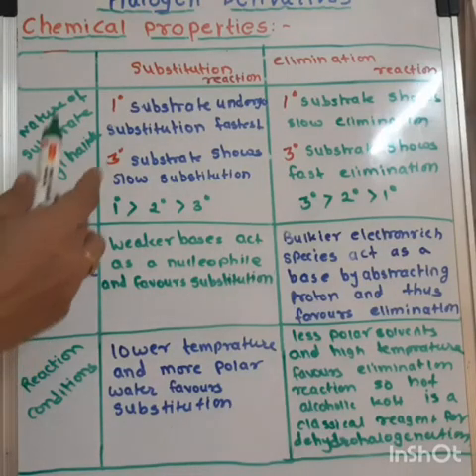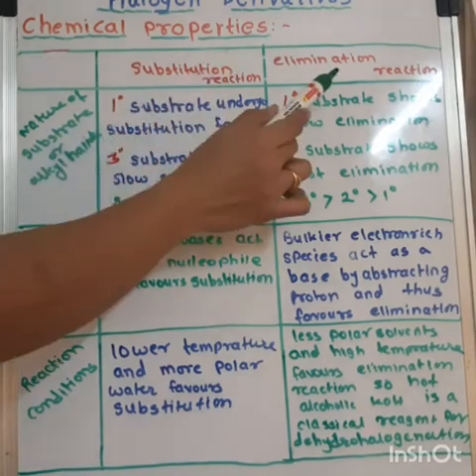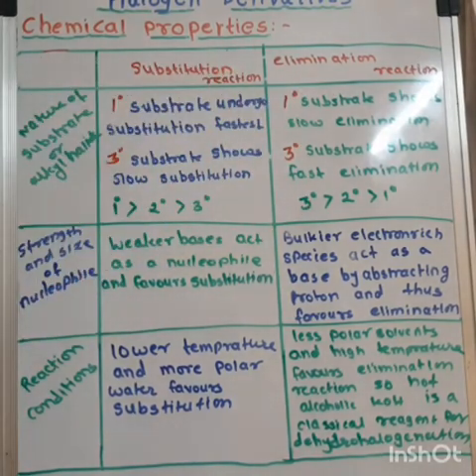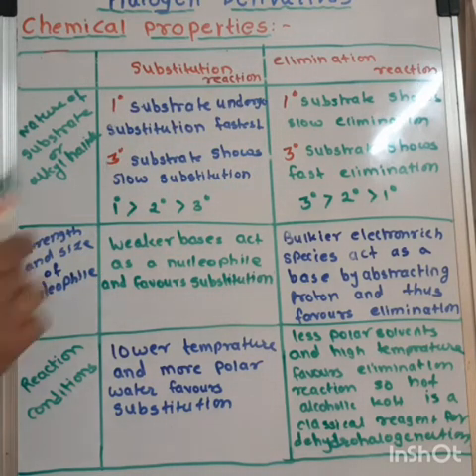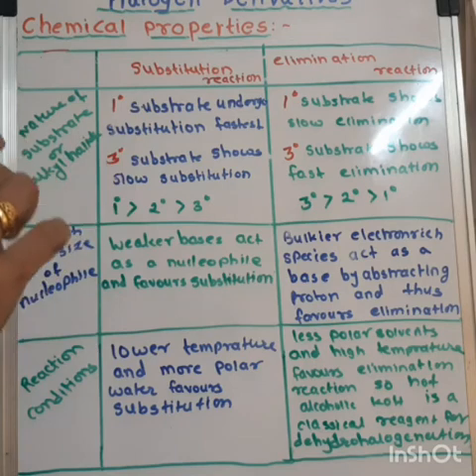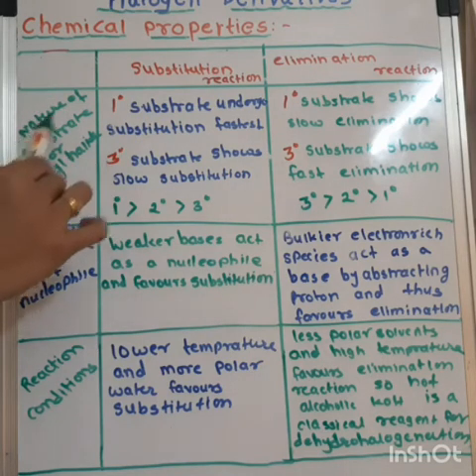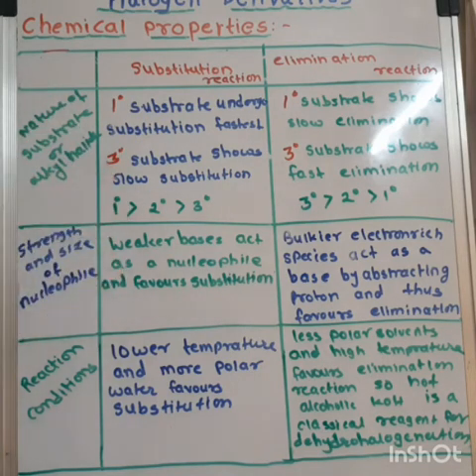Let us see the comparison between substitution reaction and elimination reaction. Both reactions are brought about by basic reagents, so there is always competition between substitution and elimination. First, the nature of the substrate or alkyl halide.